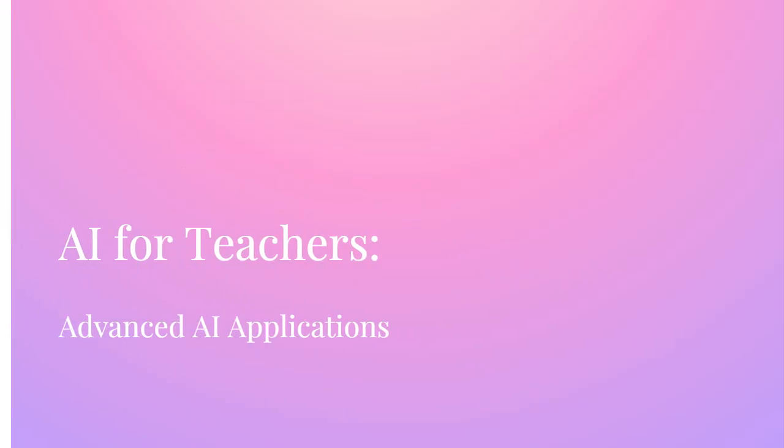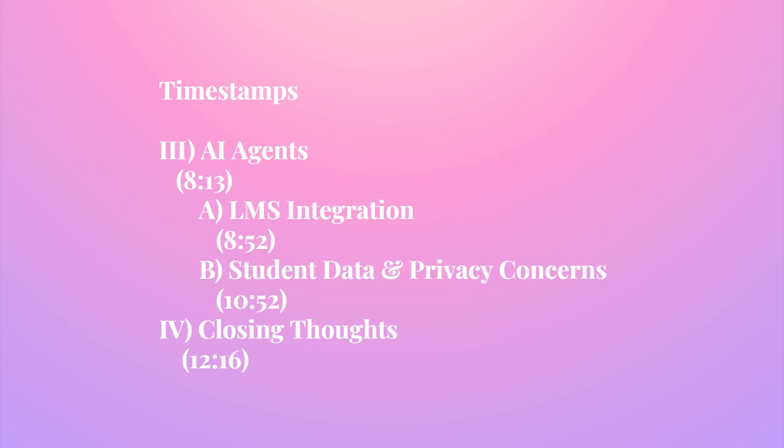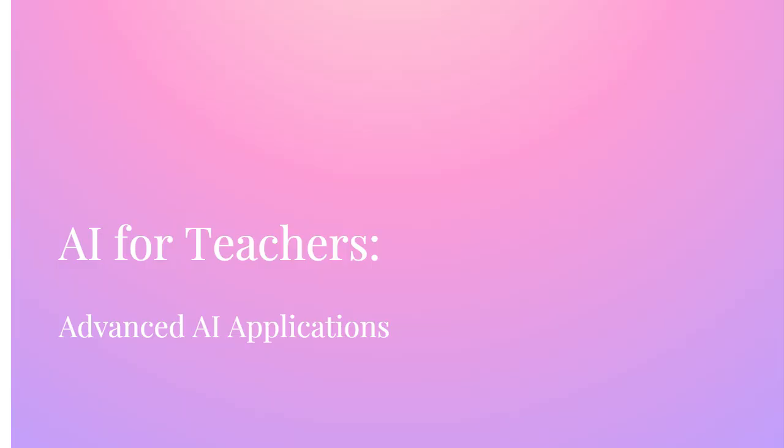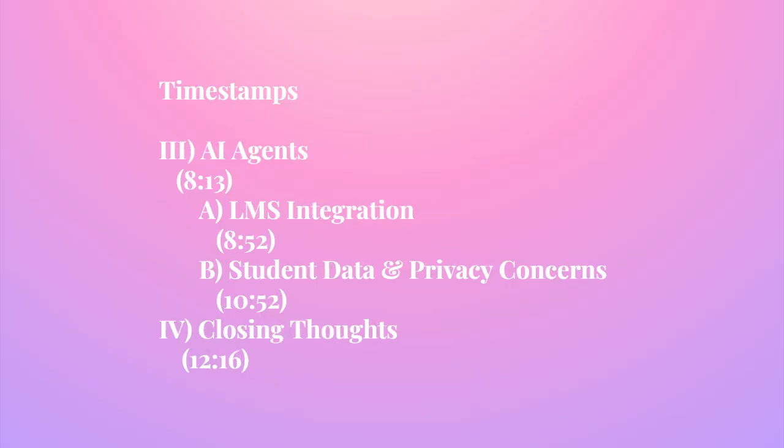The first of these AI applications I want to talk about is creating custom chatbots. Custom chatbots are like normal chatbots, except you give them a set of parameters and instructions which stay with the chatbot. That's the key. If you were to ask multiple students in your class to use ChatGPT or some other AI platform, you would have to direct them on what prompts they need to feed that chatbot.